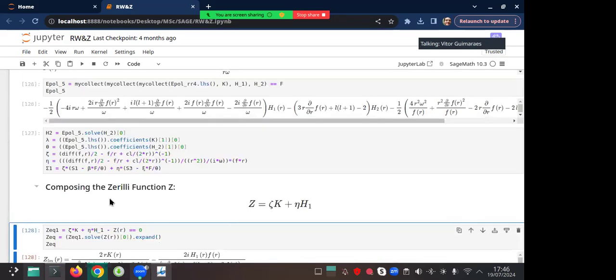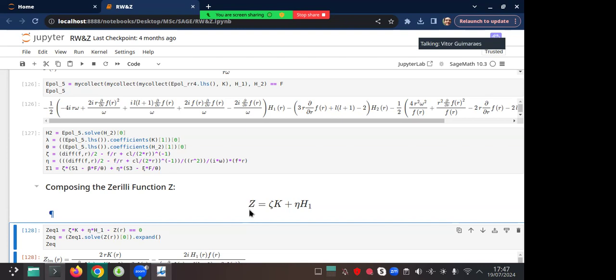So we construct the Z. Z here is the Zerilli function. This is the analog of the Reggie-Wheeler function Q. Remember that Q was only a function of small caps H1.